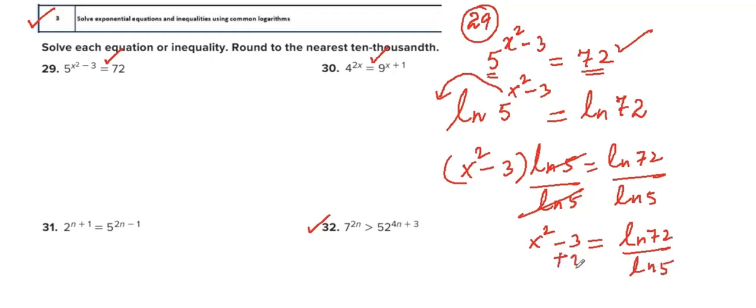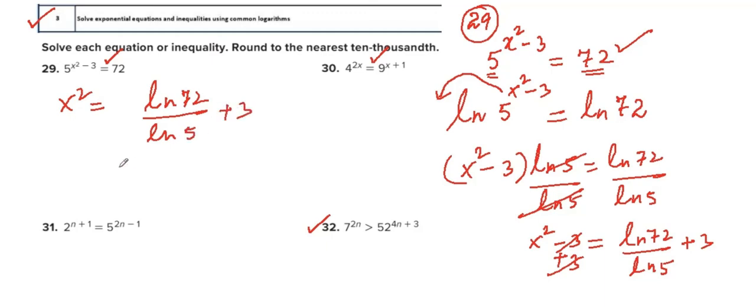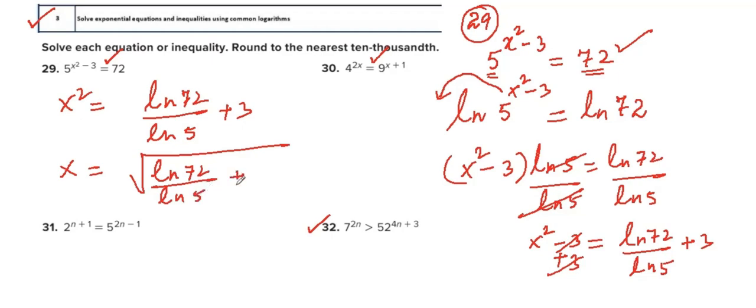Next step, add 3 on both sides. The 3 cancels out. What is left? x squared is equal to log 72 divided by log 5 plus 3, and then x is the square root. You write this value in the calculator and you will get the answer, and you know how to use the calculator.